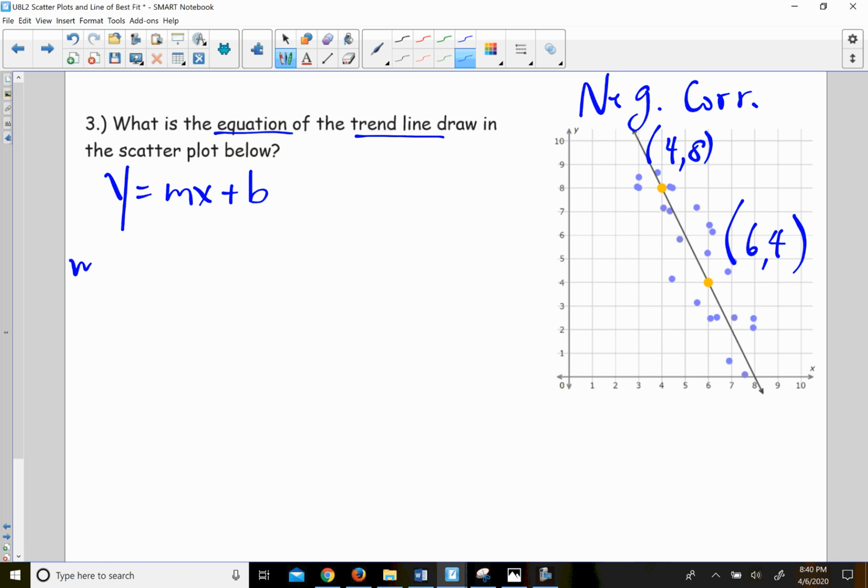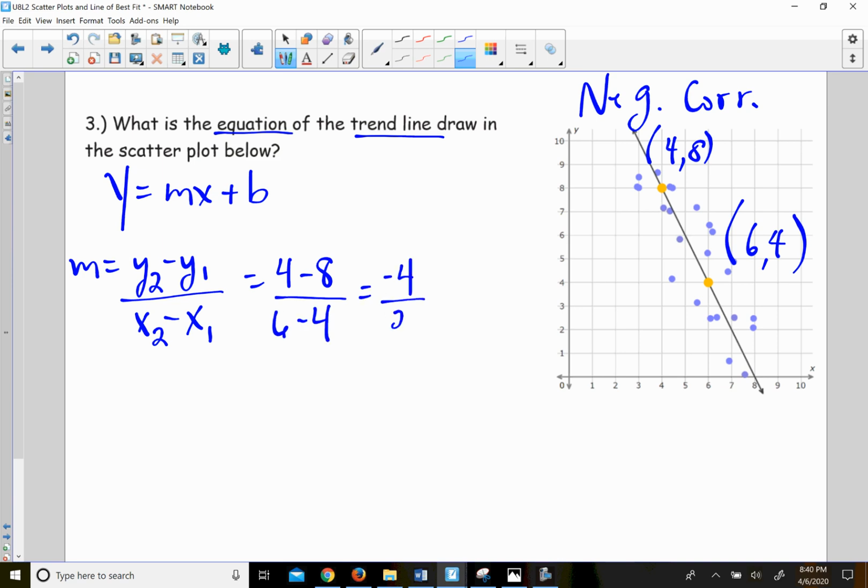So the slope is going to be y2 minus y1 over x2 minus x1. So let's see, 4 minus 8 over 6 minus 4. So that would be negative 4 over 2, which equals negative 2. So my slope is negative 2.